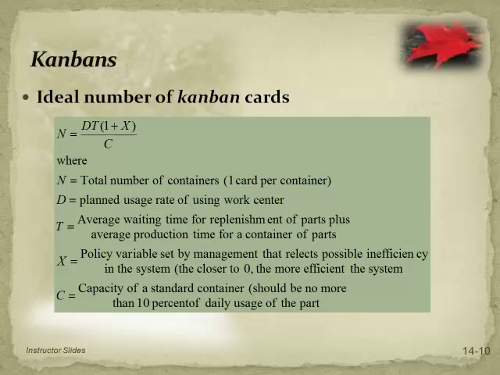So that's what X is. X is usually represented as a percentage, like 20% or 30% or 10%. And then finally, we have the variable C. C represents the capacity. So how many parts are going to be able to be put into this particular container?